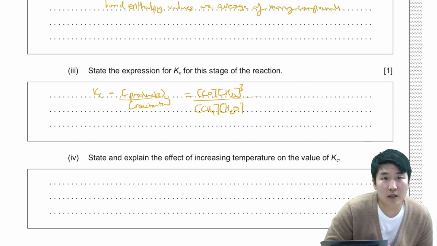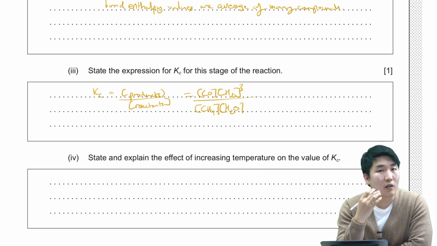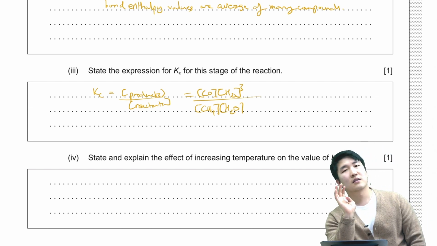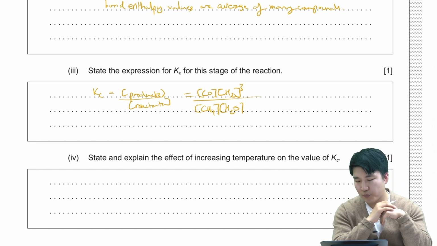State and explain the effect of increasing temperature on the value of Kc. Now, temperature is the only factor that affects Kc. Catalyst and concentration do not change the Kc value.